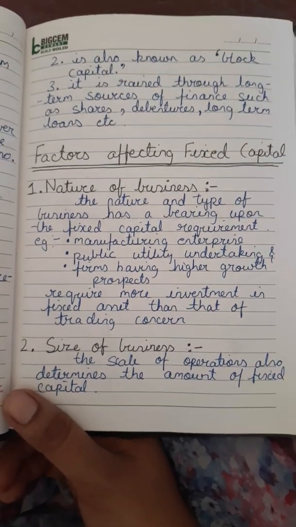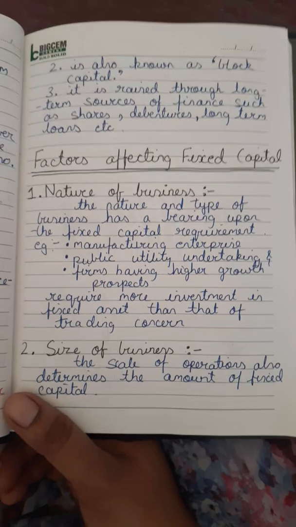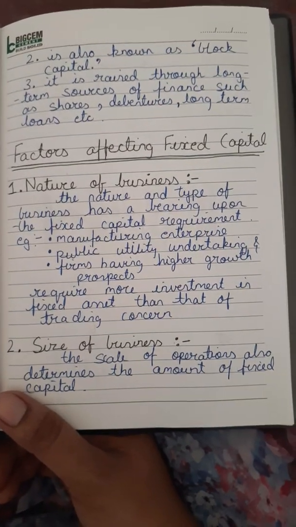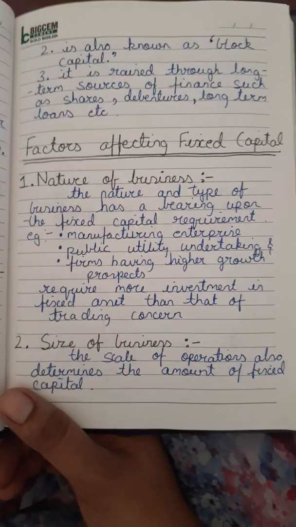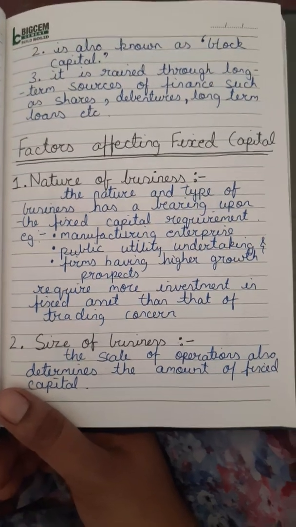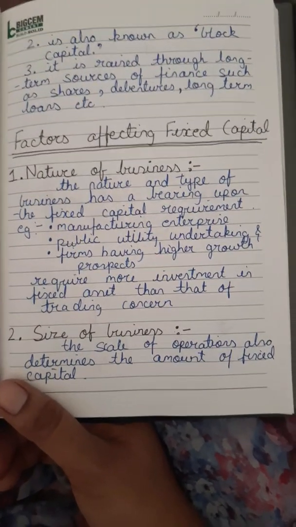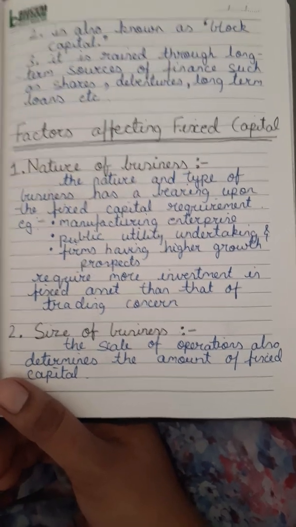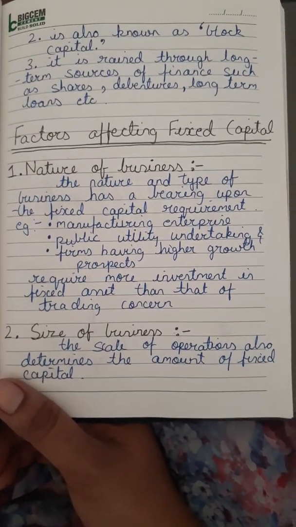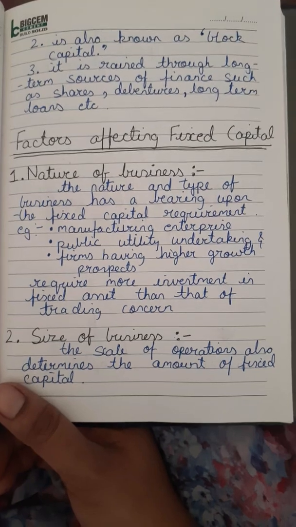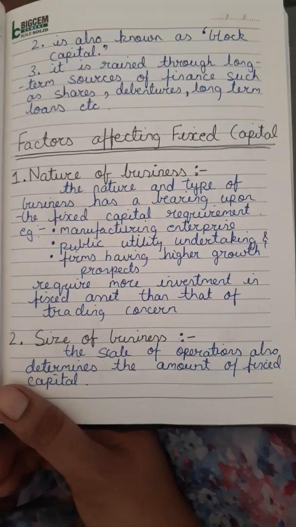Public utility undertakings are railways, electric supply enterprises and city transport. Thirdly, firms having higher growth prospects. These three types of business require more investment in fixed asset than that of a normal trading concern.